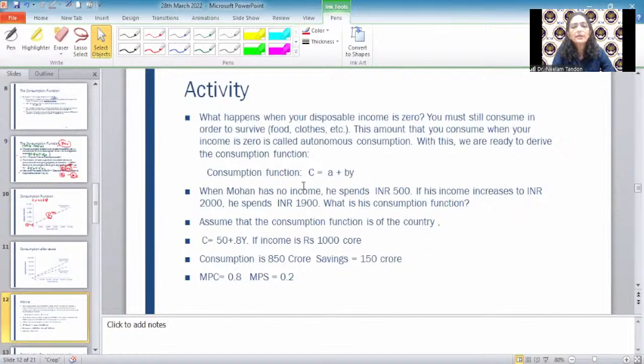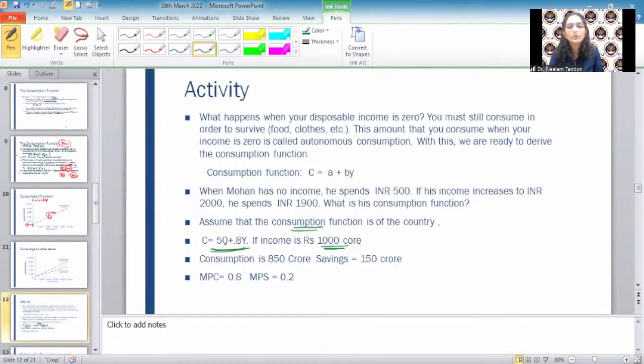Now the question here is that the consumption function is given to you: C is equal to 50 plus 0.8Y. And if income is 1000 crore, you have to find out consumption. Assume that the consumption function is this, and the income is this.